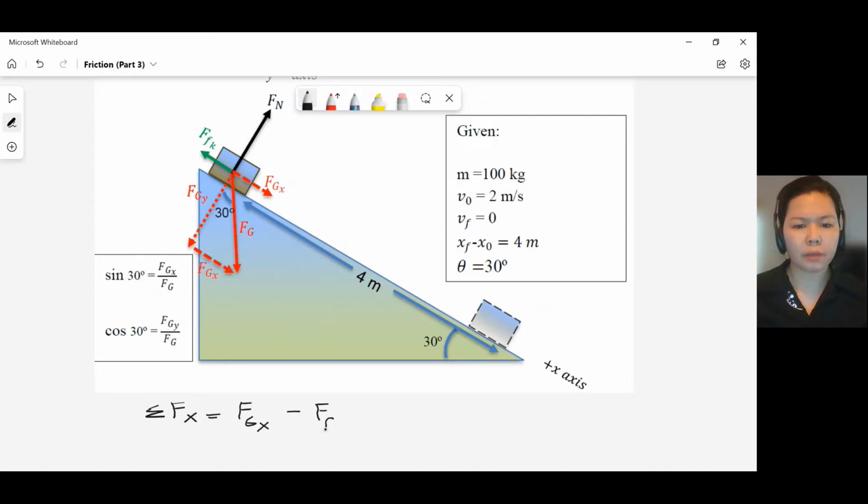Is the crate accelerating or decelerating along x? From V naught of 2 meters per second it stops down the incline, so it is decelerating, thus equals ma.